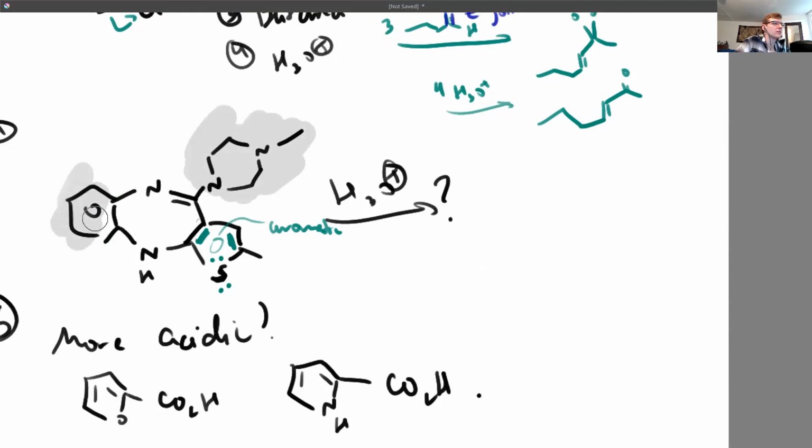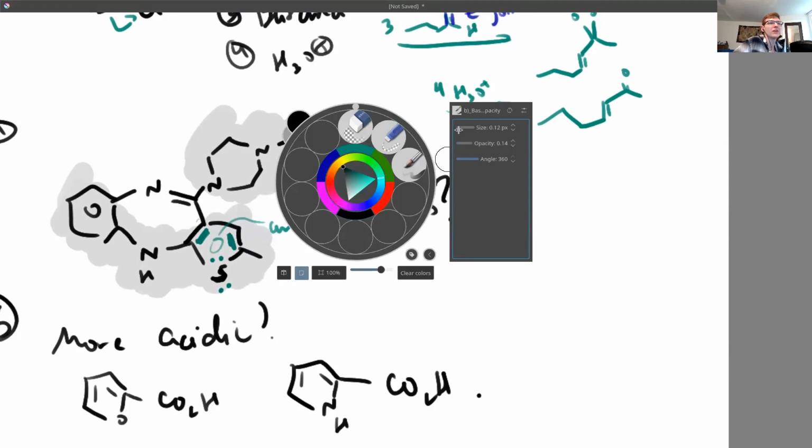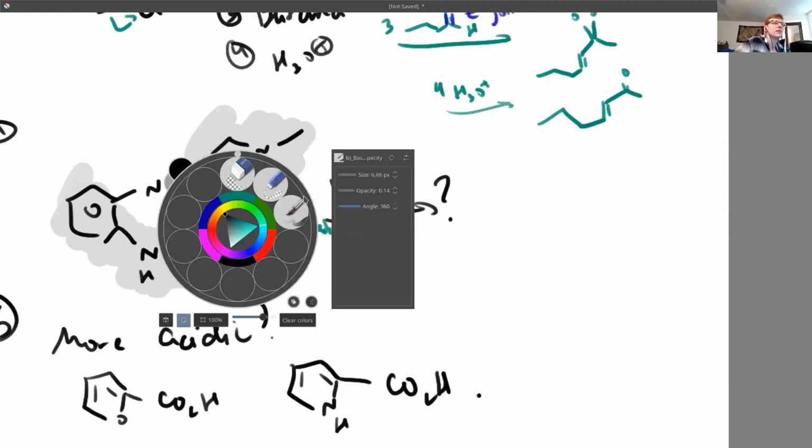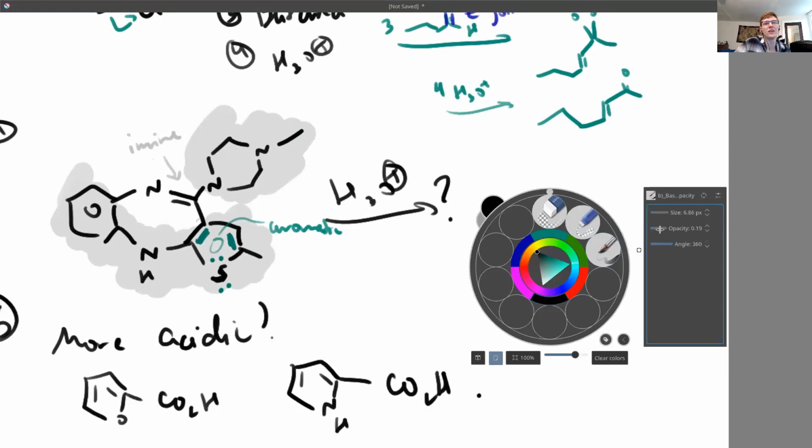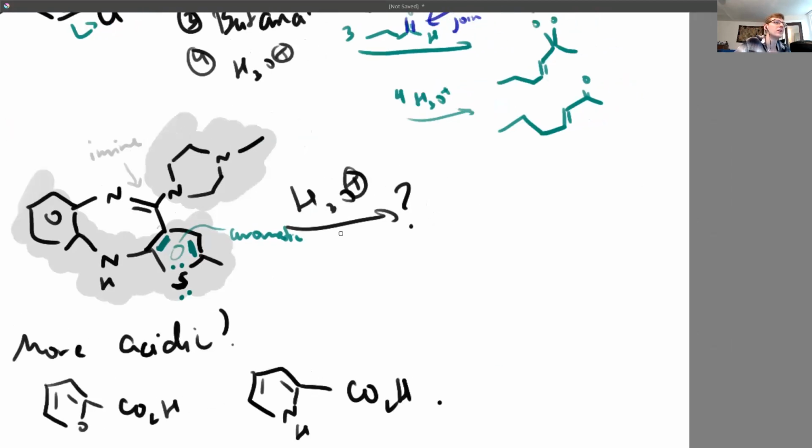So if we do this, then all that we're left with here is an imine. Yeah. Okay. So all that happens at the end of the day is that we cleave the imine.